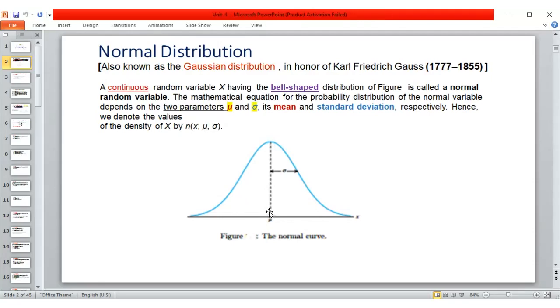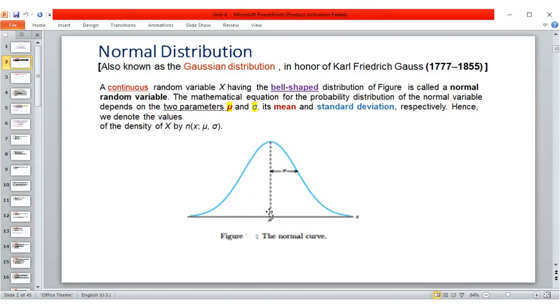In every distribution, we have some parameters. Like in the binomial distribution, our parameters were number of trials n, probability of success p, and x. X was the number of successes required. If I know the number of trials, the number of successes, and the probability of success, then I can find the whole distribution, as I have shown you in the Excel.